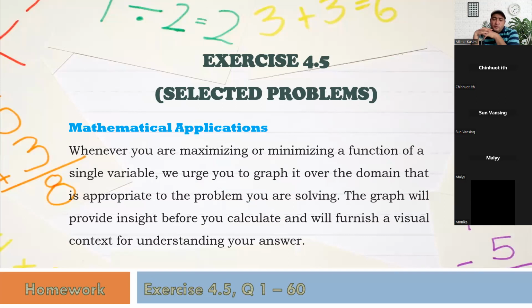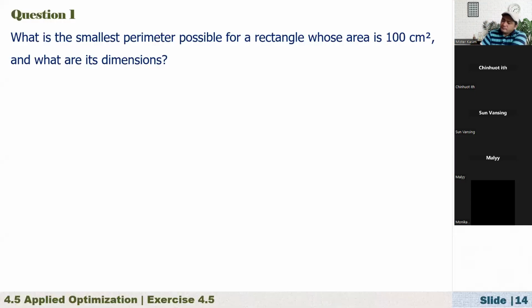Mathematical applications. Whenever you are maximizing or minimizing a function of a single variable, we urge you to graph it over the domain that is appropriate to the problem you are solving. The graph will provide insight before you calculate and will furnish a visual context for understanding your answer. Of course, by just drawing the graph, you can see the maximum and minimum value.